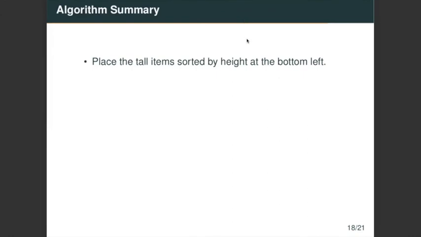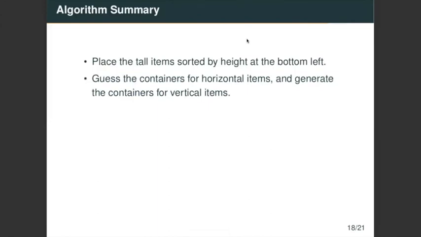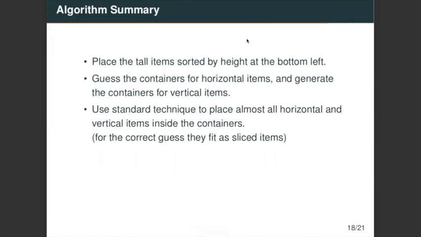At this stage, I would like to give a short summary of the algorithm. We start by placing the tall items at the bottom left of the strip and sort them according to their heights. Then we guess the containers for the horizontal items, and using them, we can generate the containers for the vertical items. Now, using the standard technique described in the previous slide, we can place almost all the horizontal and vertical items inside the containers.